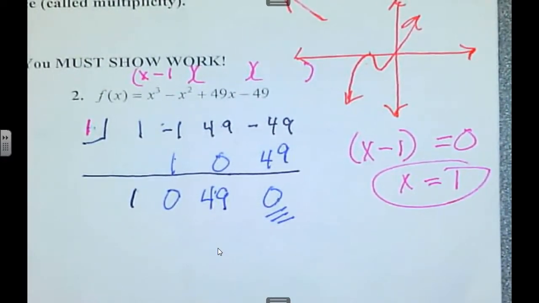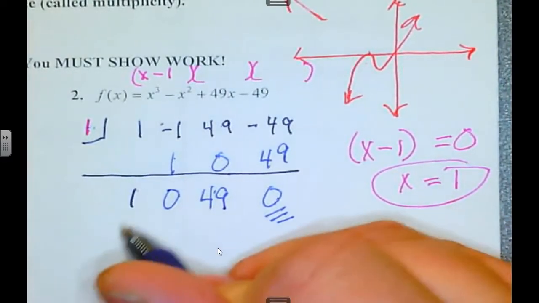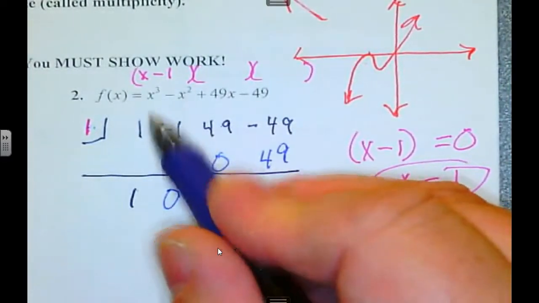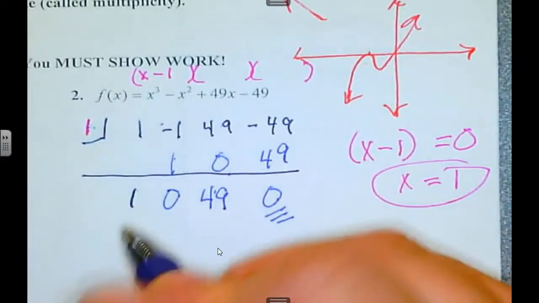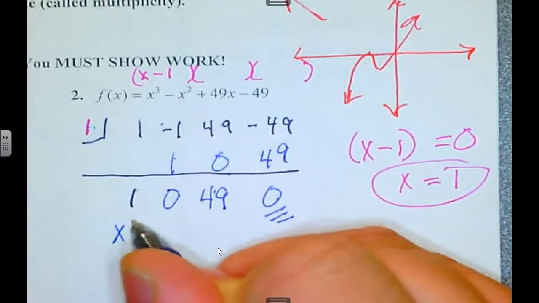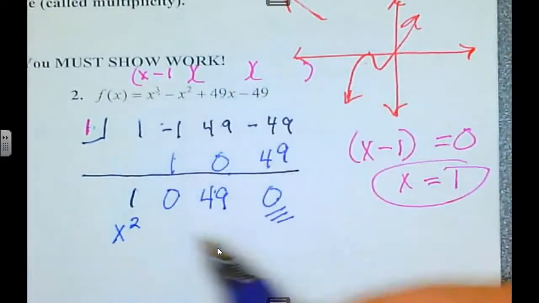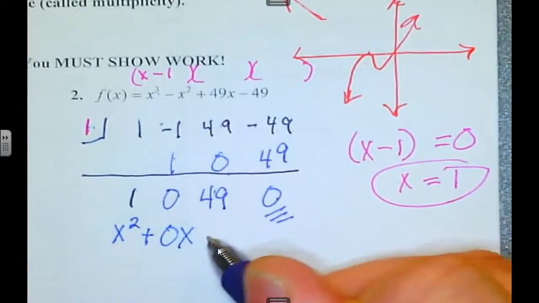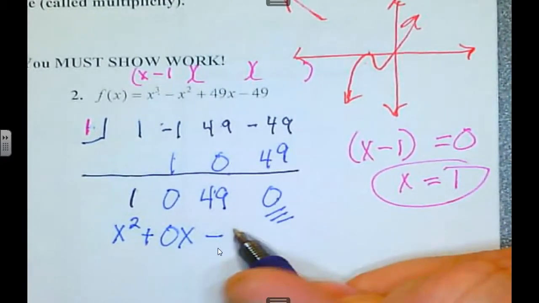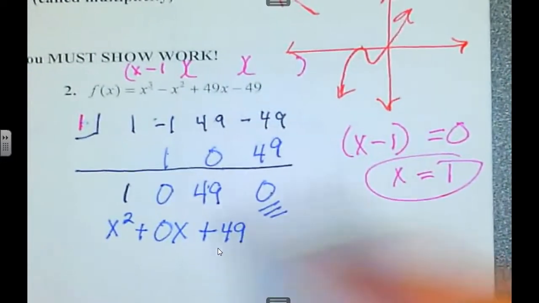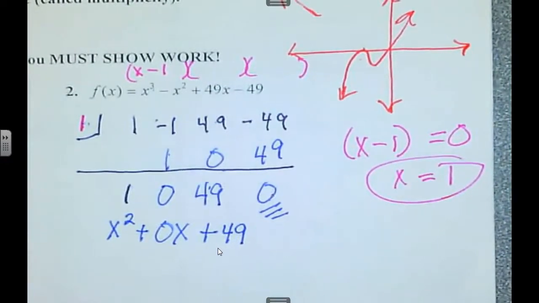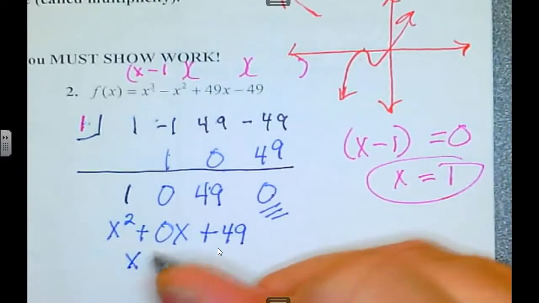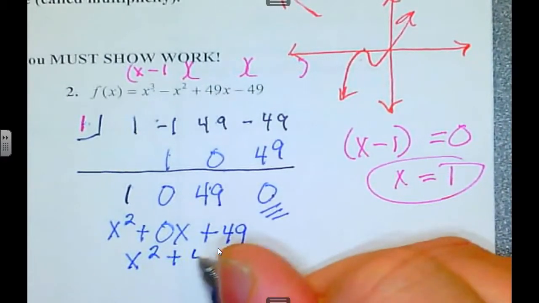So now my answer after I divide it by 1, well, this is my x squared, one less than what I started with, plus 0x plus 49. Or, in other words, it's x squared plus 49.